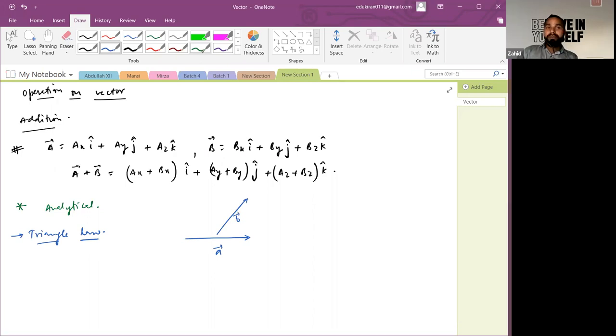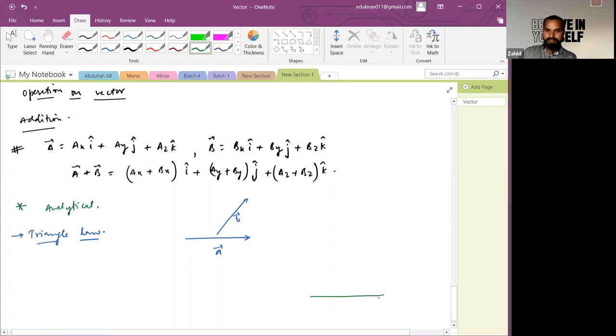A vector may be slid along any direction if its length and orientation are kept fixed. So if you move this vector B along the horizontal direction so that its tail coincides with the head of the first vector, like this.